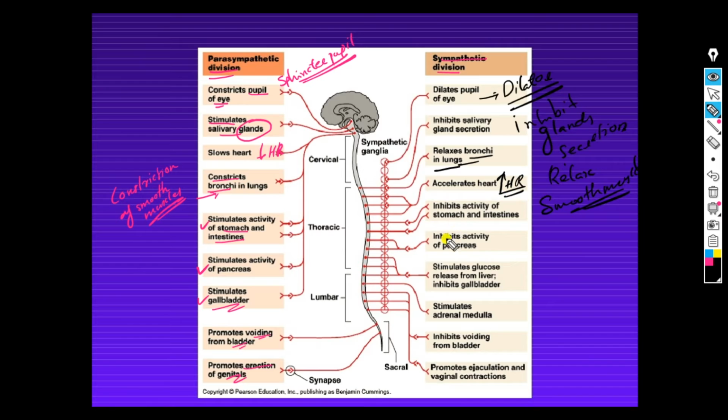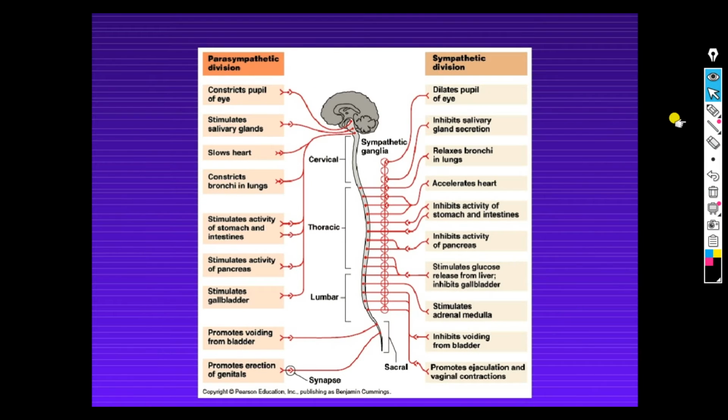It accelerates heart rate, inhibits activity of the stomach and intestine, inhibits activity of the pancreas, stimulates glucose release from the liver, and inhibits the gallbladder. During fight or flight, gluconeogenesis will occur, which eventually leads to glucose release. It stimulates the adrenal medulla, inhibits voiding from the bladder, and promotes ejaculation and vaginal contractions.